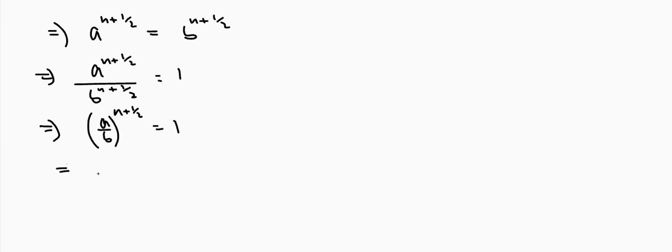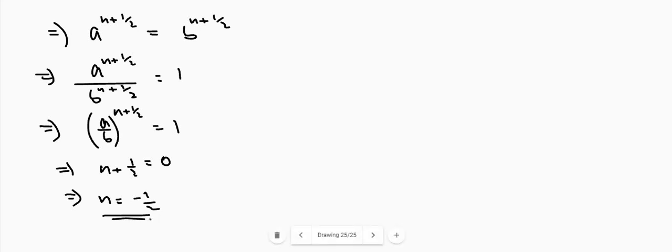This will happen when the power is equal to 0, as anything raised to 0 is 1. Then we get n equals minus 1 by 2. Thus when n is equal to minus 1 by 2, (a raised to n plus 1 plus b raised to n plus 1) divided by (a raised to n plus b raised to n) may be the GM between a and b. Okay. Thank you.